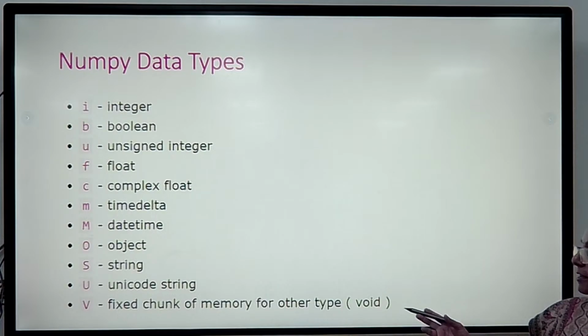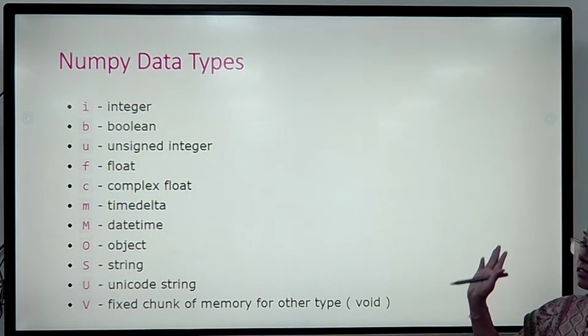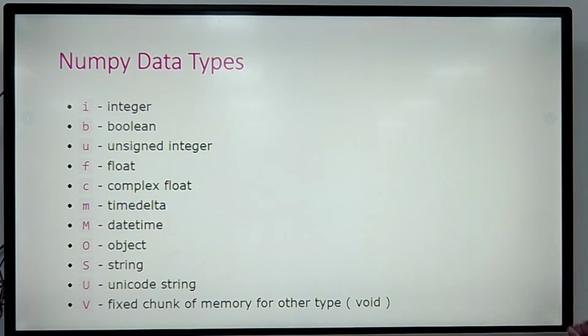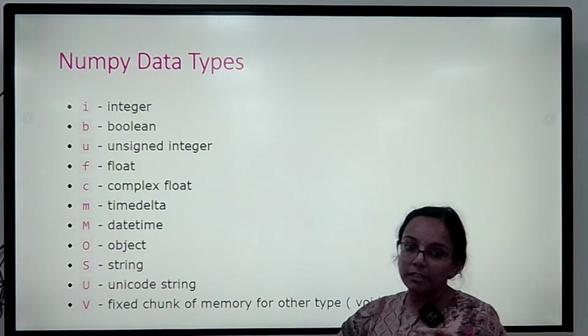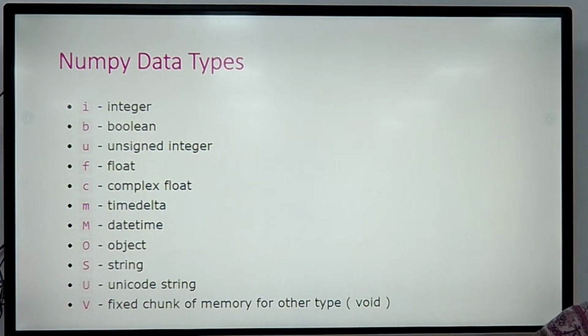V is a fixed chunk of memory of other type, it's basically void. So these are the different data types in your Numpy library, and these are the various small letters that will be used in defining or extracting the data type of elements in an array.